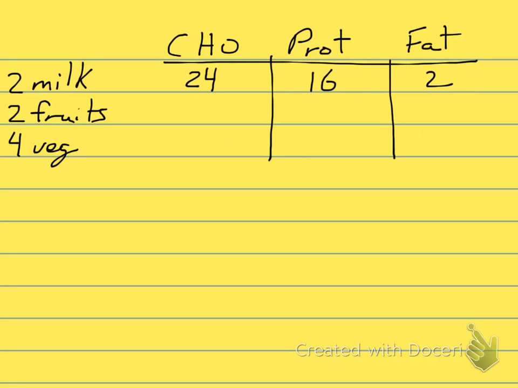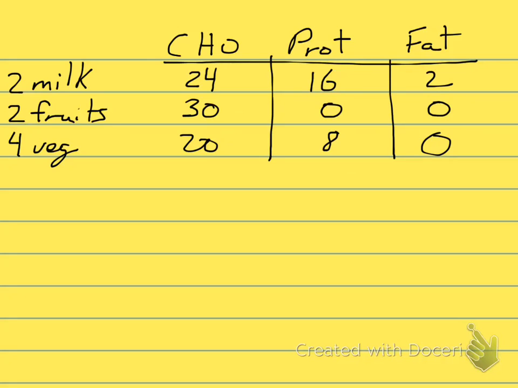Okay. We have 2 fruits, that's 15 grams carbohydrate per exchange, so I have 30 grams of carbohydrate, and I don't get any protein and I don't get any fat from fruits. Vegetables, I have 5 grams of carbs per exchange, so that gives me 20 grams, and I have 2 grams of protein per exchange, so I have 8 grams of protein, and again it's basically fat-free, so I have no fat at all.